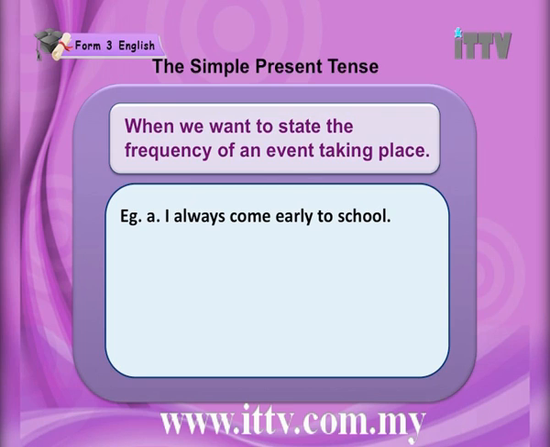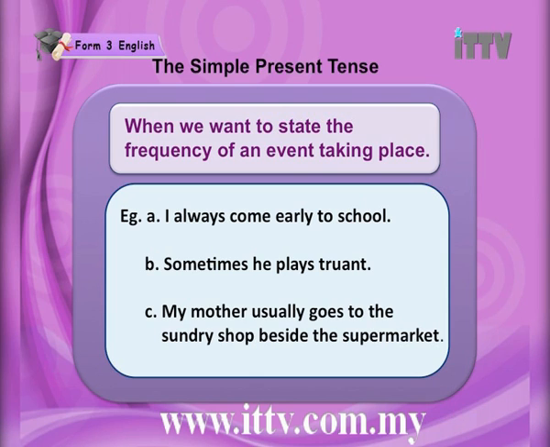Look at the sentence. Example A, I always come early to school. B, sometimes he plays truant. C, my mother usually goes to the sundry shop beside the supermarket.